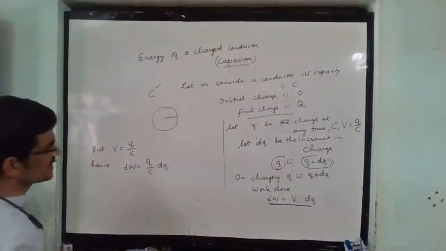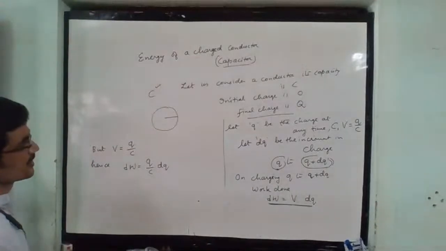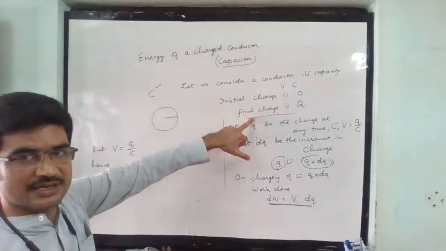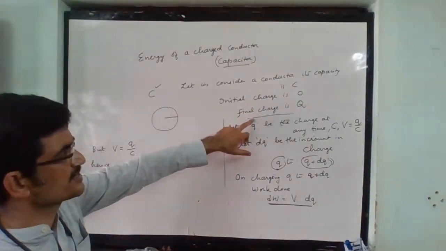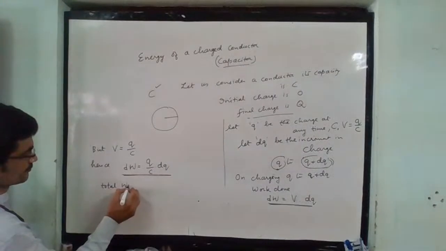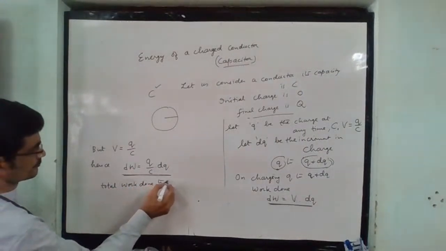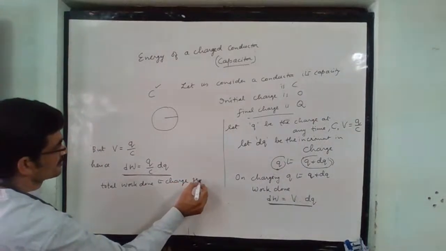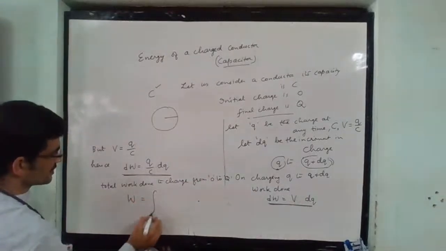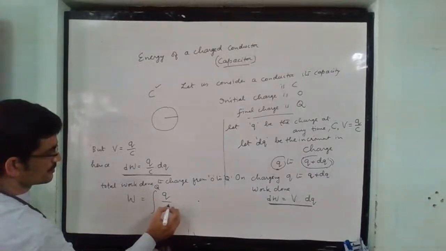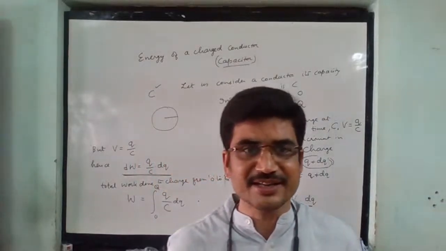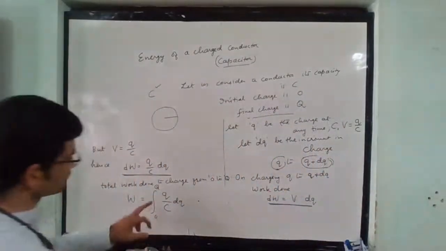Now, we have to integrate this, from initial charge 0 to final charge capital Q. So the total work done to charge from 0 to Q will be the integration from 0 to Q. On integrating this, what shall we get? 1 by C, very simple.